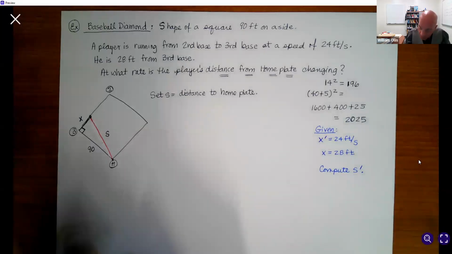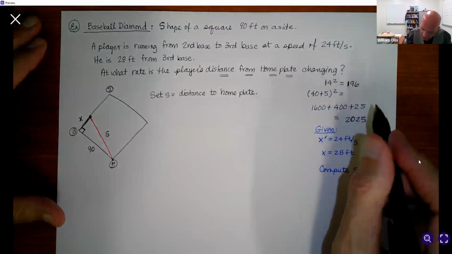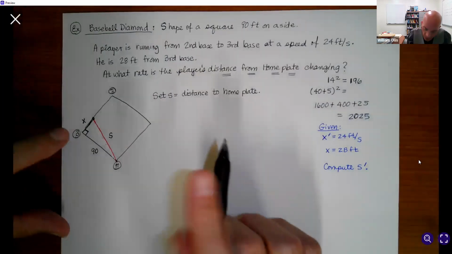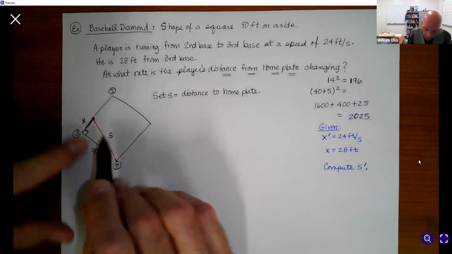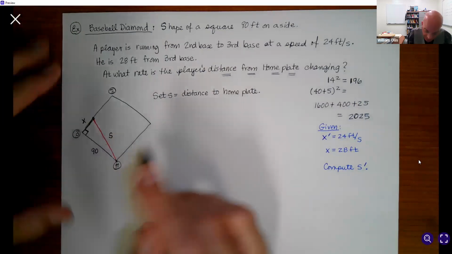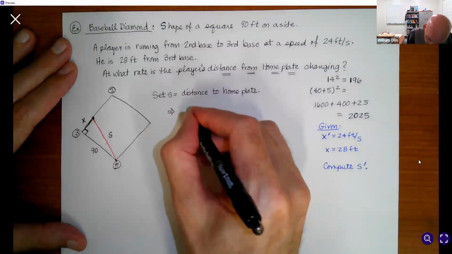Now you're thinking, where is that coming from? Well, let's just kind of look and see where we're going to need some of this stuff. Notice now when we look at the configuration here, this gives us the relationship, the Pythagorean theorem between S and X.